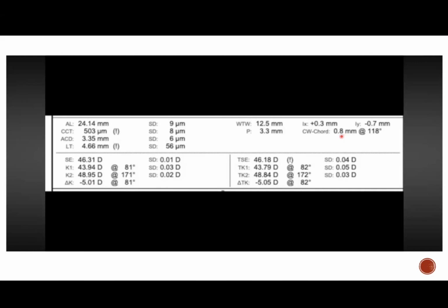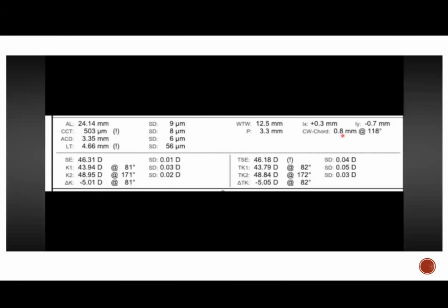This is a very, very useful tool whenever we think of giving patients premium IOLs, basically multifocal IOLs. If the visual axis and the pupillary axis are not aligned correctly, there will be some problems. The patient will end up unhappy.